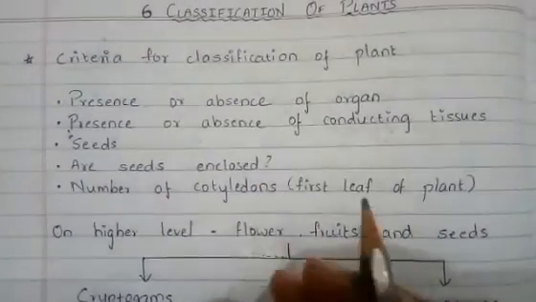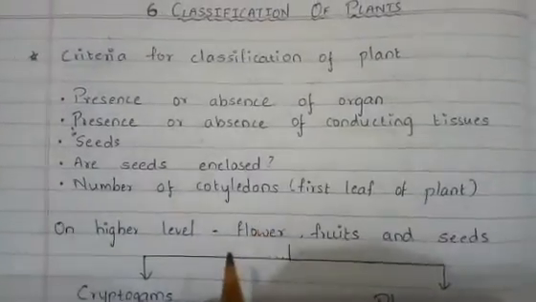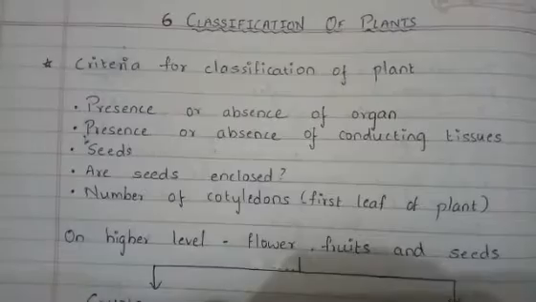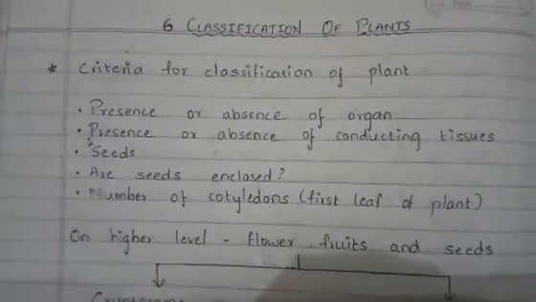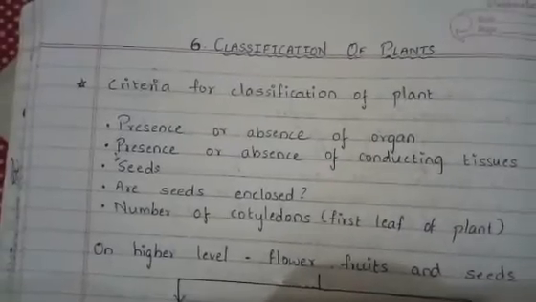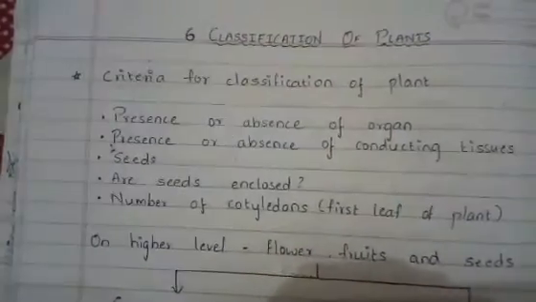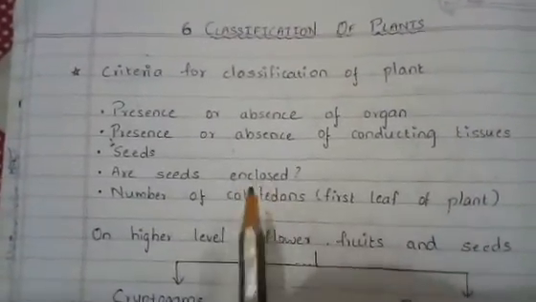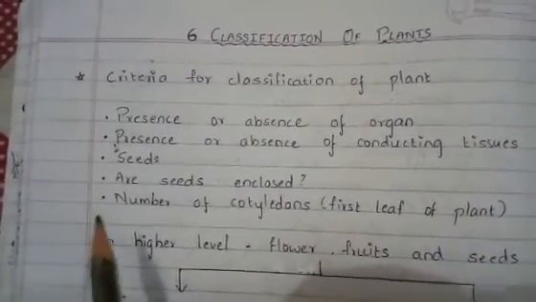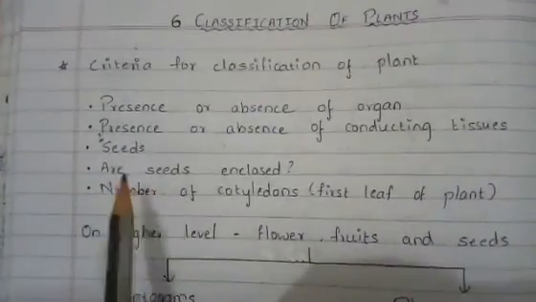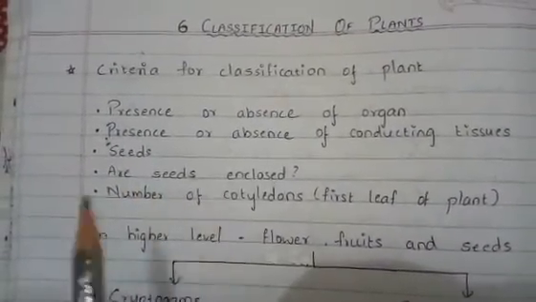For example, mango is the best example. If you have eaten a mango, then you can clearly see that we have a seed inside it, so that seed is enclosed under the fruit, and that is called enclosed. Some seeds are enclosed under the fruit and some seeds are not closed. So on the basis of that also plants are classified into some groups.